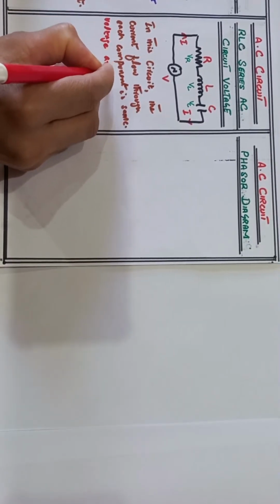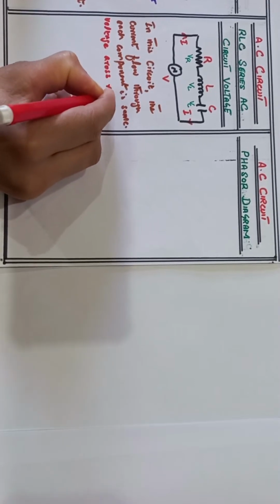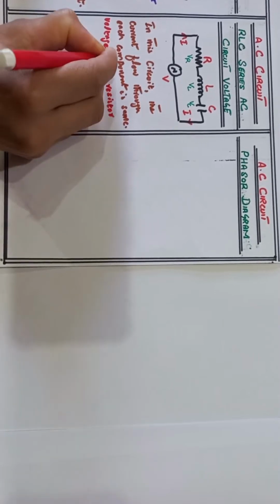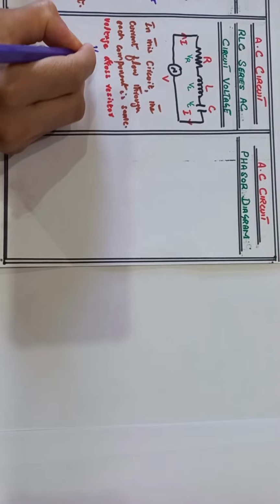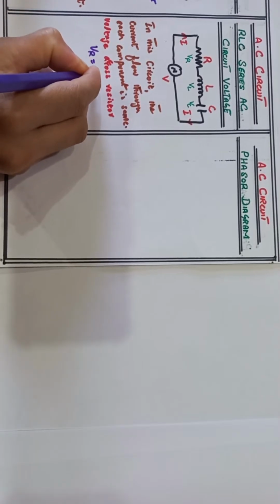Voltage across the resistor is represented by VR, which is equal to IR according to Ohm's law.